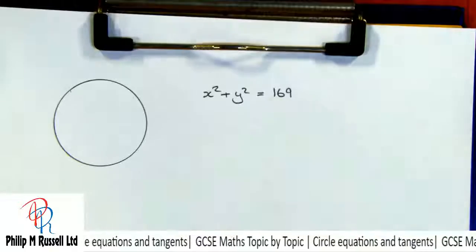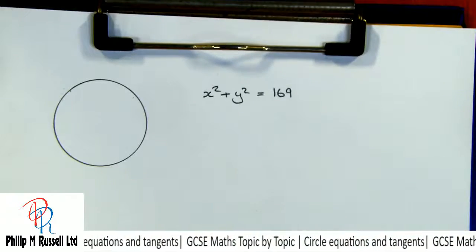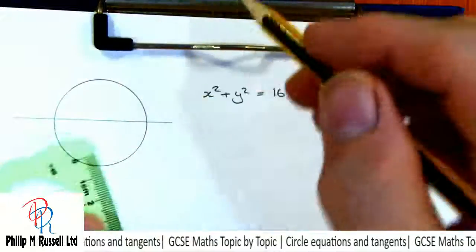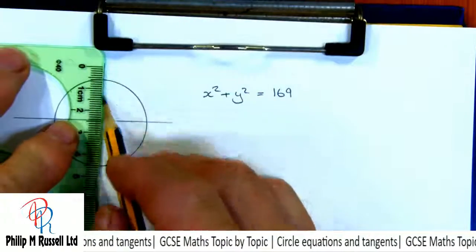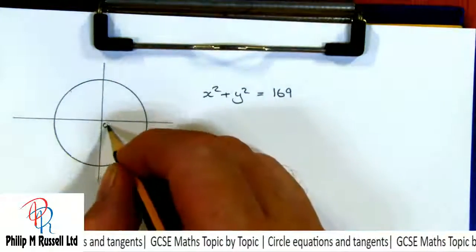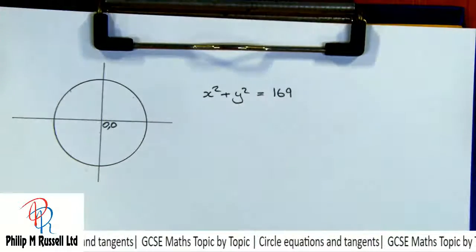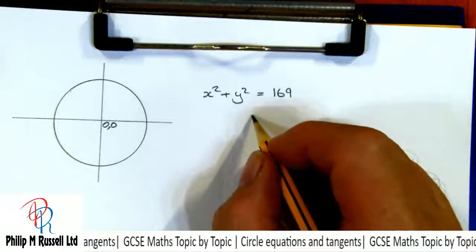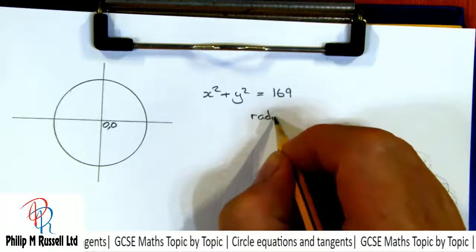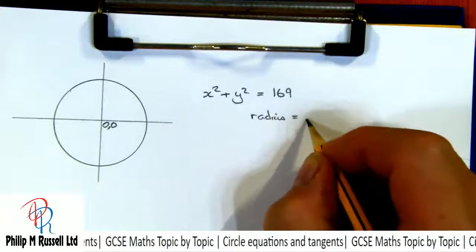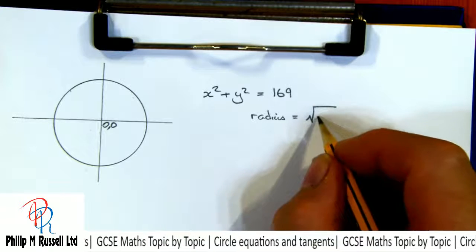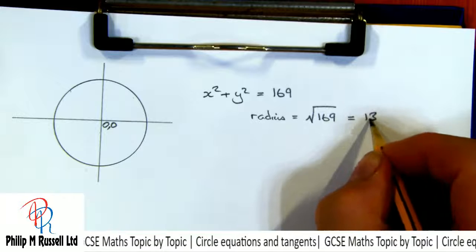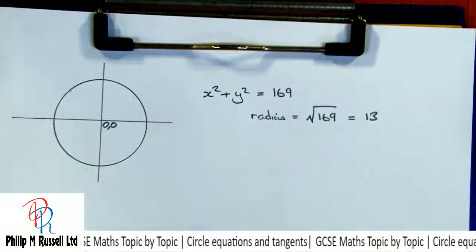I can work out that this circle will have a centre of 0, 0. And I can work out from this that the radius is going to be the square root of 169, which happens to be 13.